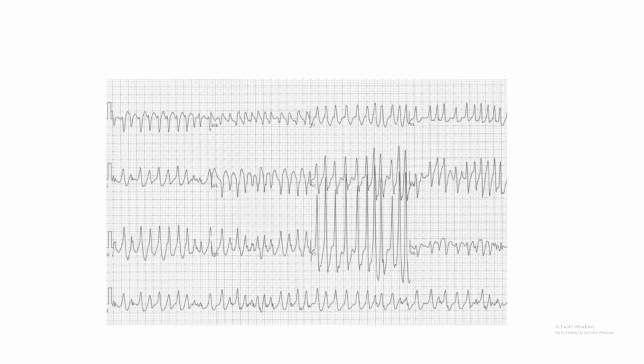And the reason for this is when you give a nodal blocker, like a calcium channel blocker or a beta blocker, you're going to slow down the conduction of the AV node, right? Because that's what nodal blockers are doing in the context of cardiac dysrhythmias. You're slowing down the conduction of the AV node.